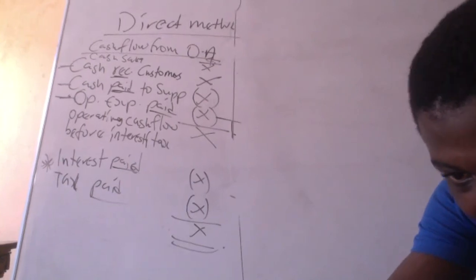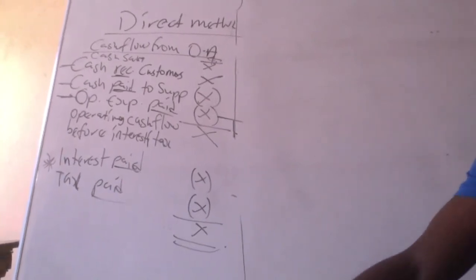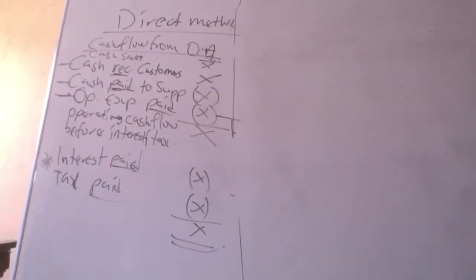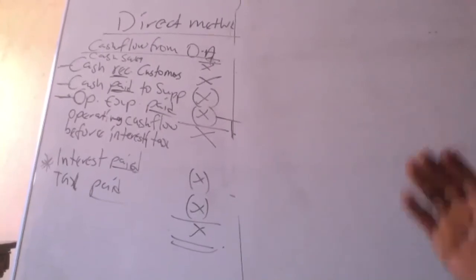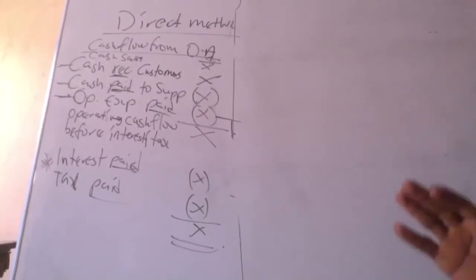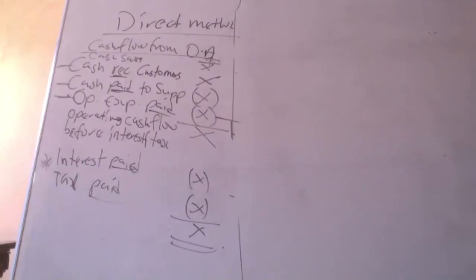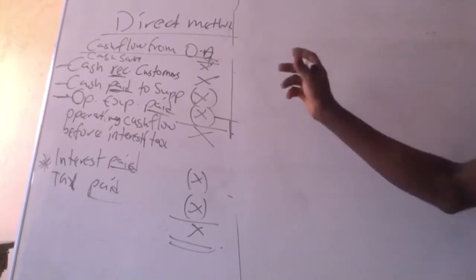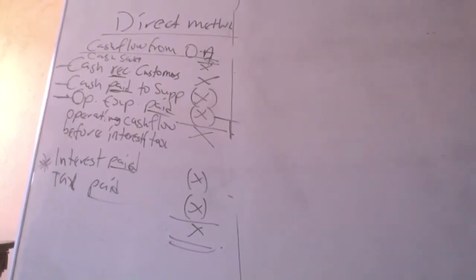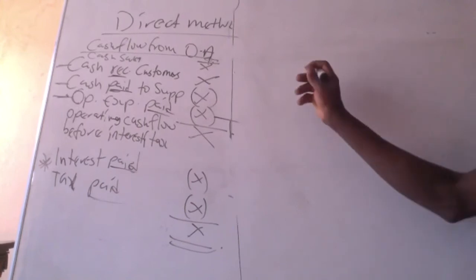If there's any item in the expenses incurred which does not have a cash component, but they have subtracted it, what do we do? Take it off. I can tell you that the total operating expenses incurred for the year is 6,000.